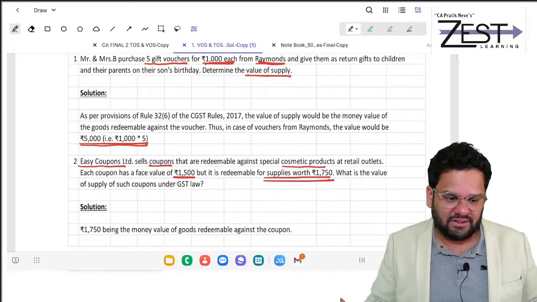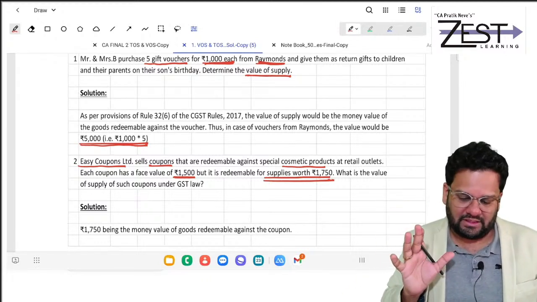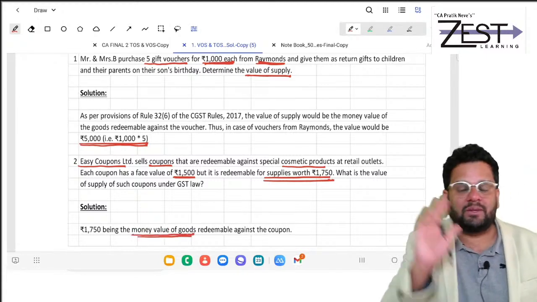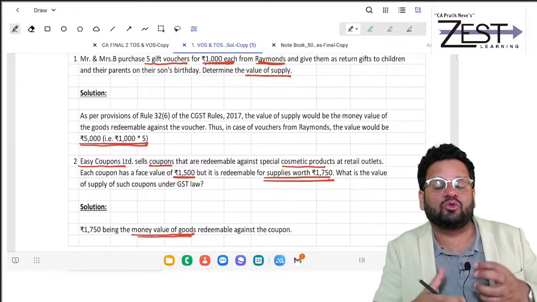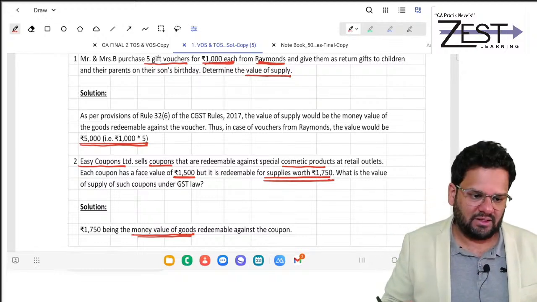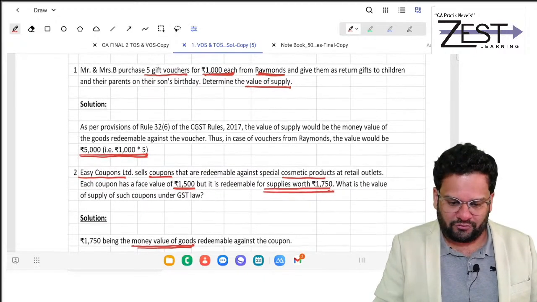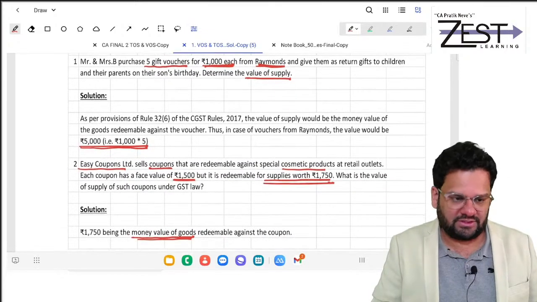So friends, 1750 is going to be the value of supply. Getting it? Because it is the money value of the goods. You keep on observing around you, there will be a lot of transactions happening in coupons or vouchers. So the value of that is determined as per this 32(6).